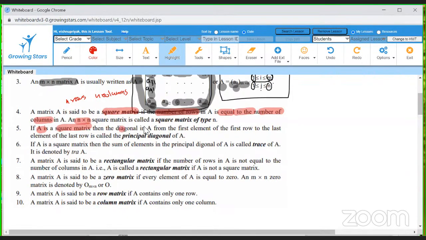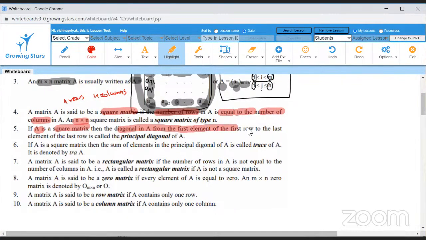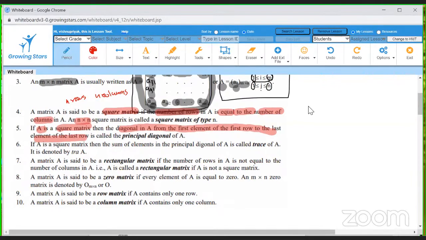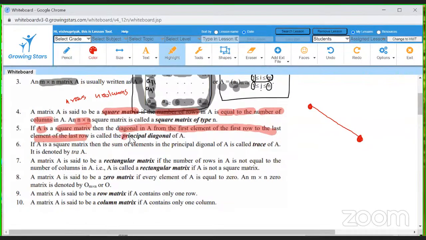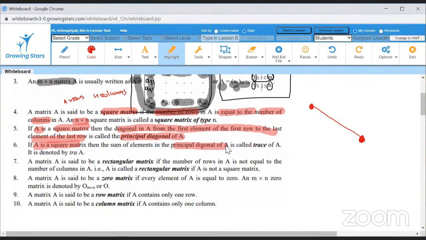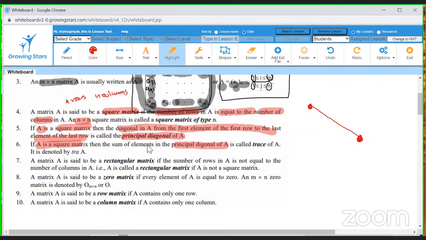The diagonal in A from the first element of the first row to the last element of the last row is called the principal diagonal of A. If A is a square matrix, you take the elements of the principal diagonal of A and add them all up. What you get is the trace of A, denoted like this.